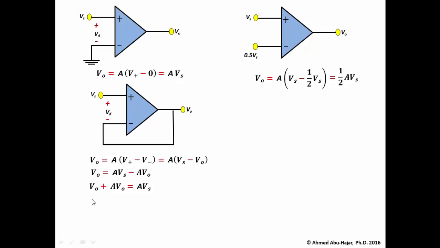And now what I can do is factor the V out out. So I will have V out times (1 plus A) equal to A times Vs. And I can say that V out will equal A over (1 plus A) times Vs, which is nothing but 1 over (1 plus 1 over A) times Vs. All what I did here is I divided by A on the top part and in the bottom part, so I will end up with this form that I have.